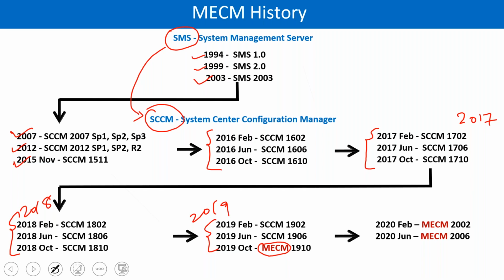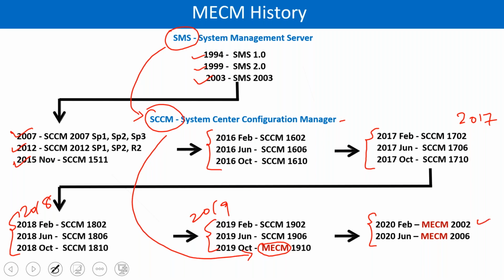So in the month of October, they changed the name from SCCM to new name is MECM, Microsoft Endpoint Configuration Manager. This is the new name of SCCM. Previously, we used to call it as System Center Configuration Manager, but now it is MECM. So they released these two versions in the year 2020, last year.